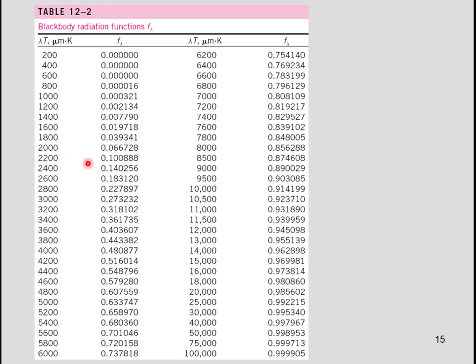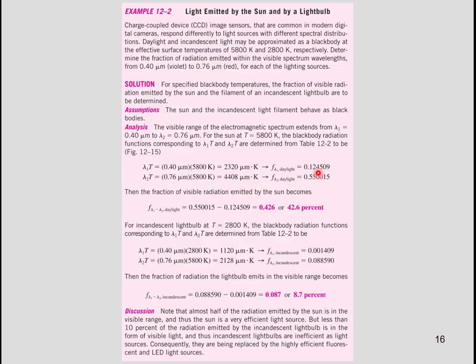We have the black body radiation function for 2200 and 2400 of lambda T. So for 2300 something, it will be between 0.10 and 0.14. So you can see here it is 0.12. By interpolation we can find this.